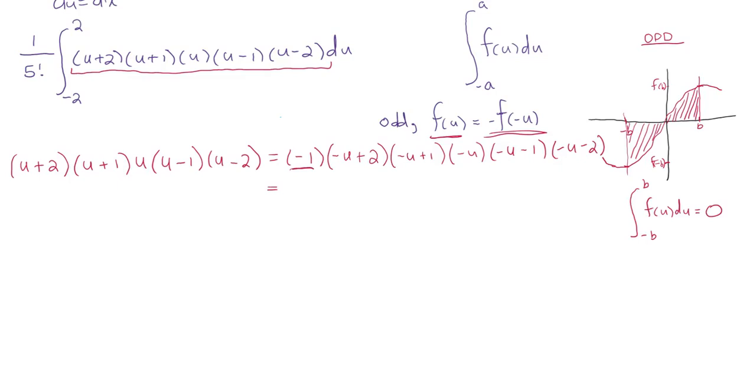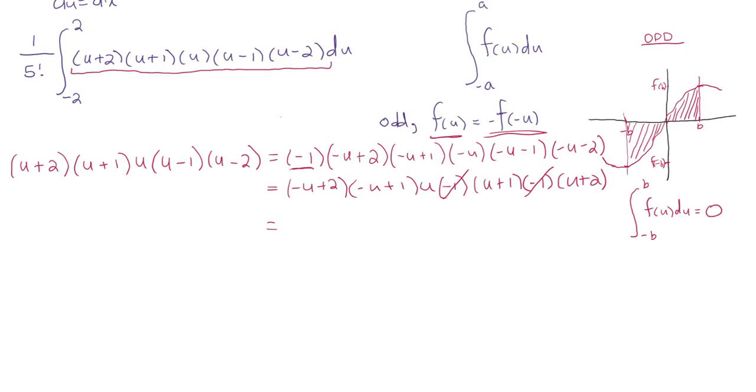Then we would get negative u plus 2 times negative u plus 1 times u, and then we can pull a negative out of this, and then we get u plus 1. We can pull a negative out of this, and then we get a u plus 2. Now these two negative ones cancel, and we're almost done.